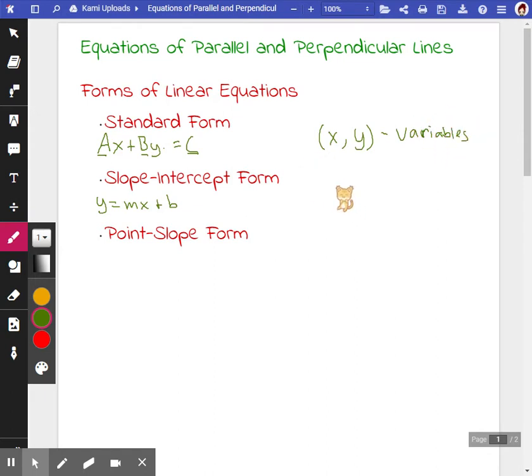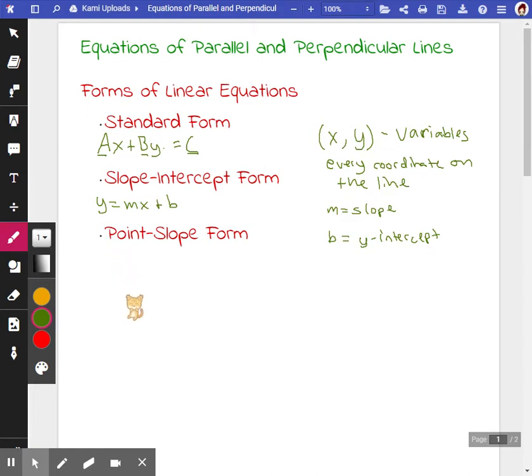So that's every coordinate that's on the line, and they're always going to be letters in the equation. So m is your slope, b is your y-intercept.